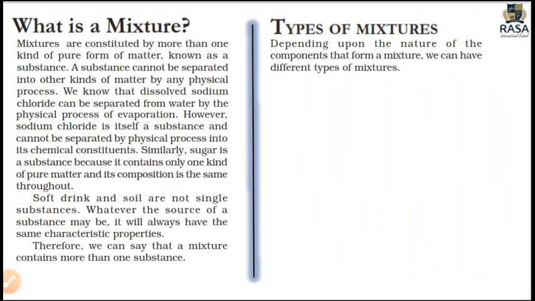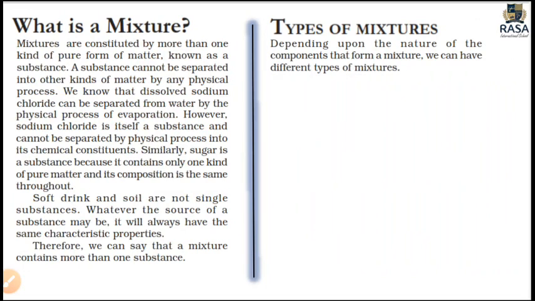Okay, so we know that dissolved sodium chloride can be separated from water by the physical process of evaporation. Means अगर कभी आपने मिक्सचर लिया हो वाटर एंड सॉल्ट का, so the salt can be separated out from the water through the process called evaporation, which is a physical process.